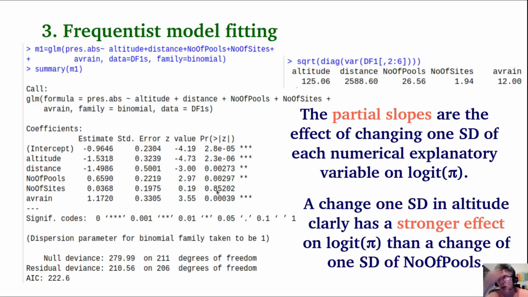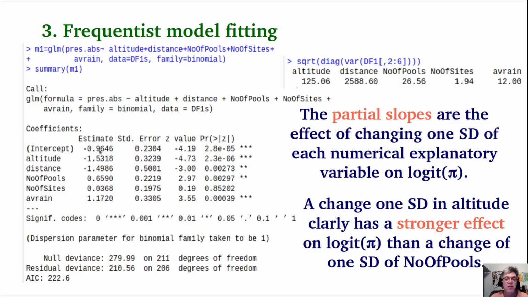We also see that a change in one unit, that is in one standard deviation of altitude, has a much stronger effect on the logit of pi than a change of one standard deviation in the number of pools. Now we can numerically compare these parameters because all variables are scaled to have a mean of 0 and a standard deviation of 1.